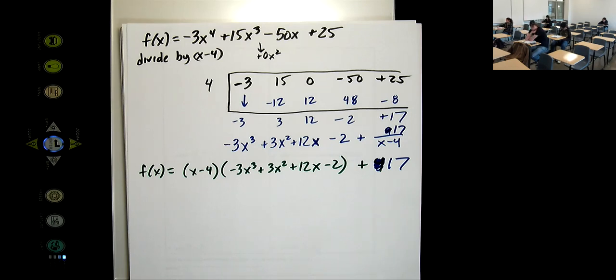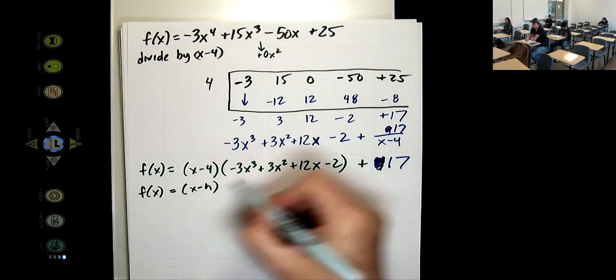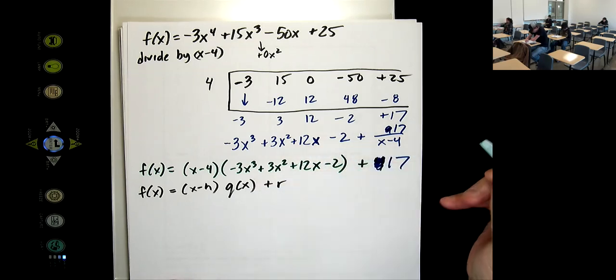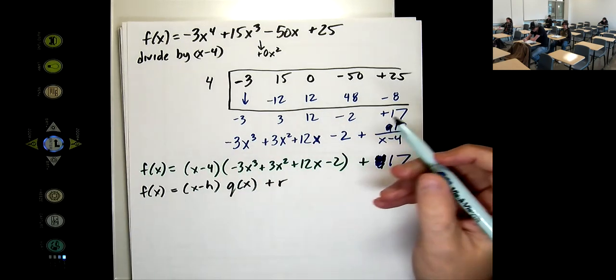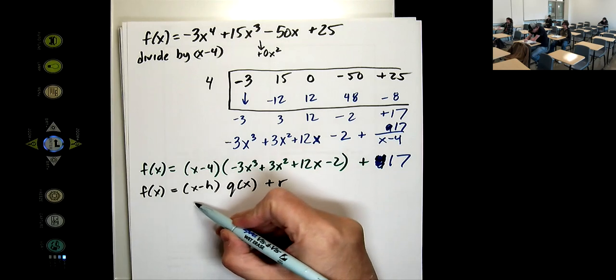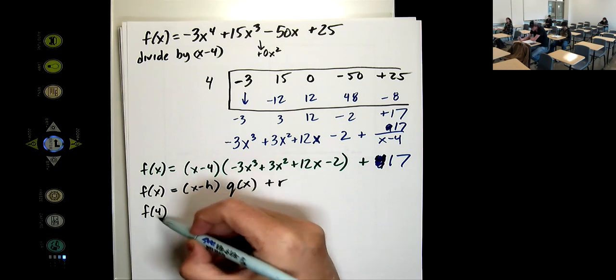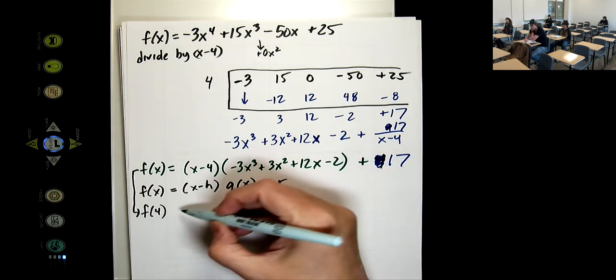So, check this out. This is like what I was saying earlier. This is f of x equals x minus h times some function, we don't know what it is, plus r. And in our case this was x minus 4. If I evaluate at f of 4, what happens?